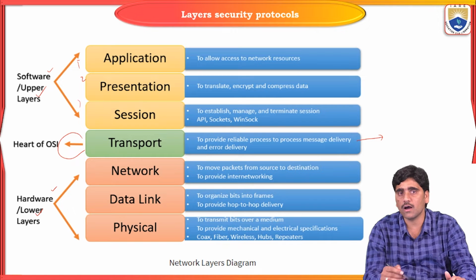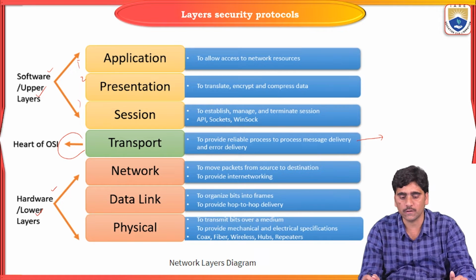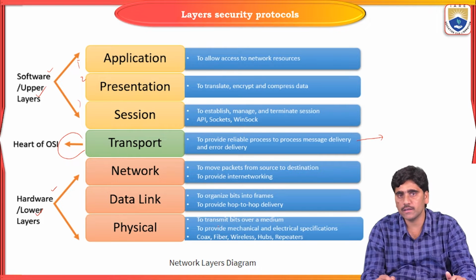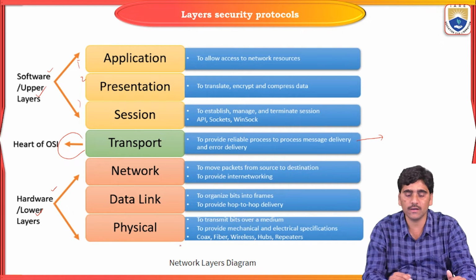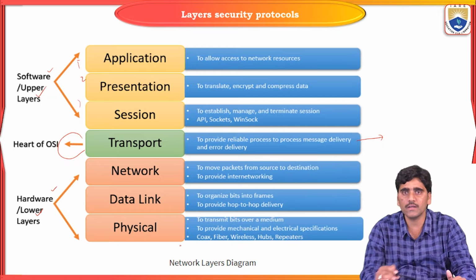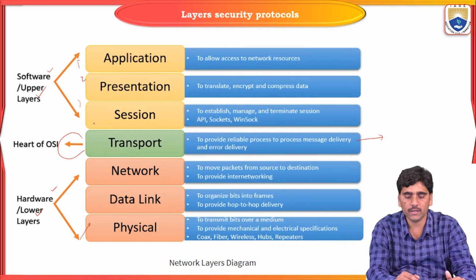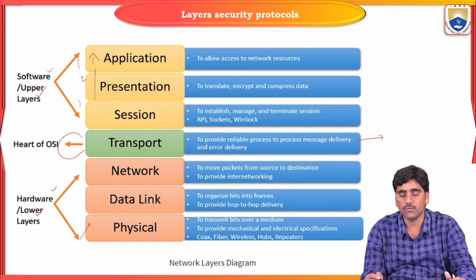This is the heart of the OSI reference model. And the network layer, data link layer, and physical layer are the hardware layers or lower layers. Now you can understand how the data is transmitted from layer to layer, and what functions exist in each and every layer with the help of some protocols.